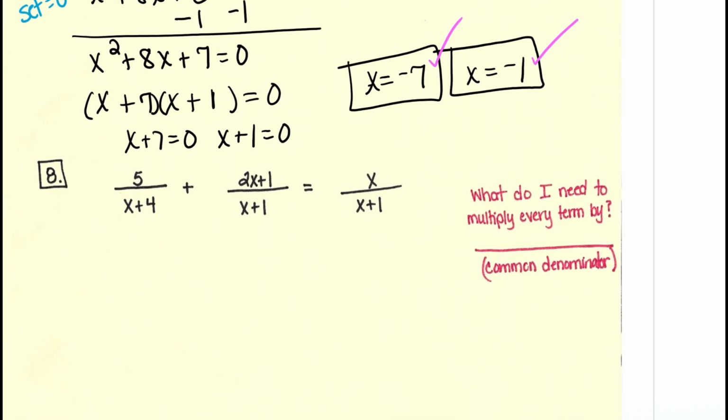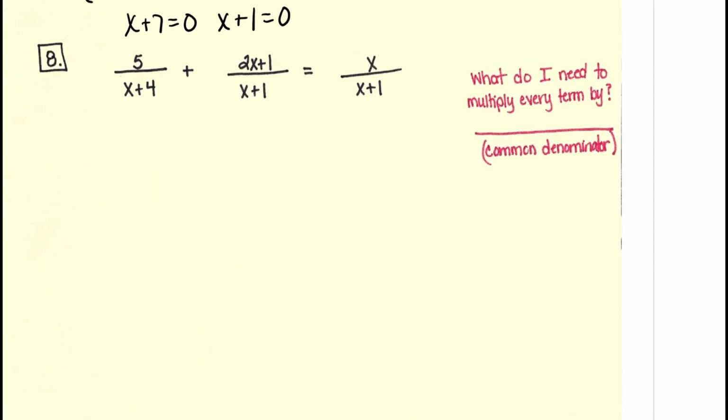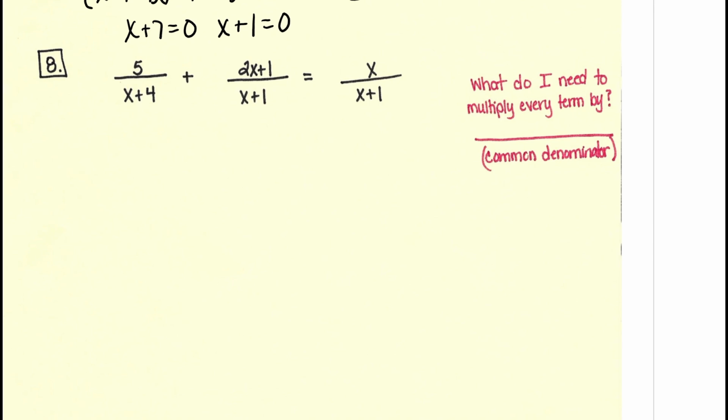Okay, last one. You guys are doing great. So let's take a look at our denominators and see what we've got. We have x plus 4's, x plus 1's. So the common denominator that we need so that each of those will go into our denominator are x plus 4's and x plus 1's. So we're going to multiply every single person by an x plus 4 and an x plus 1.